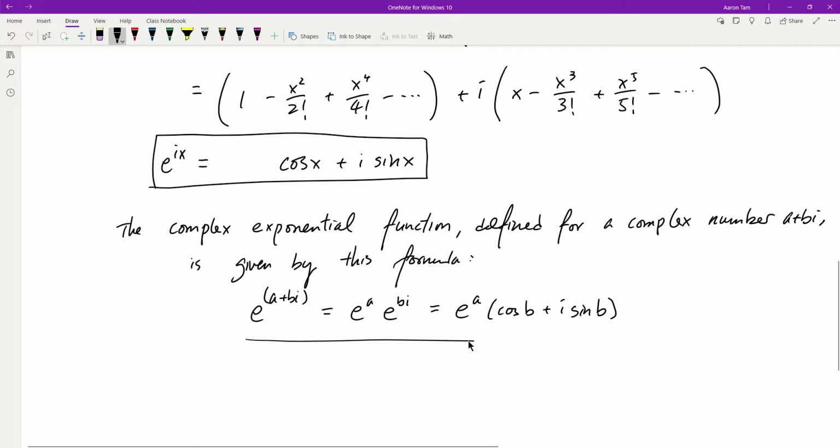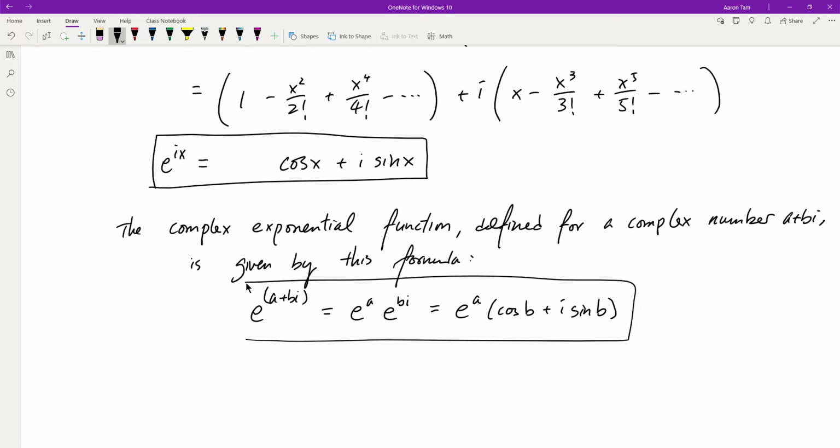Now, if I want to define an exponential function that has x in it and has a plus bi as the coefficient, then I will have this. And in the same way, it would equal e to the ax times e to the bix. Oops, I did it again. e to the bix.